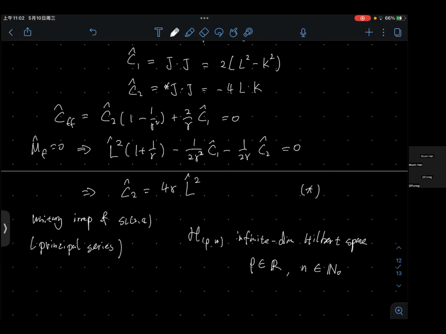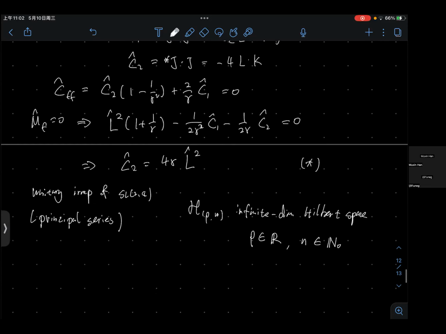It's quite analogous to SU2 representations, because an SU2 representation is labeled by a half-integer spin J. Here, the SL2C unitary irreducible representation is labeled by two parameters, rho and N. Rho is continuous, N is discrete. How do we understand this representation?